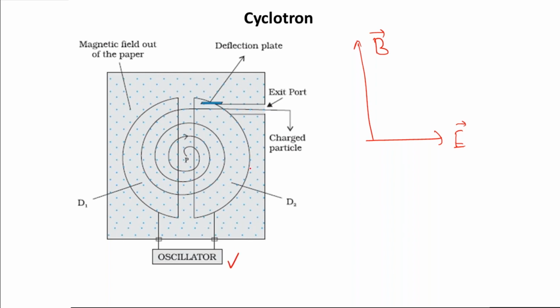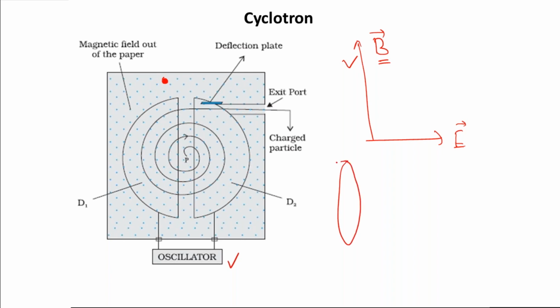In this construction, the dots are telling you that the magnetic field in this region is coming out of the page. And look here, you have two metal containers.